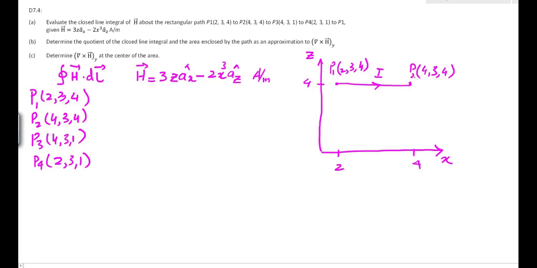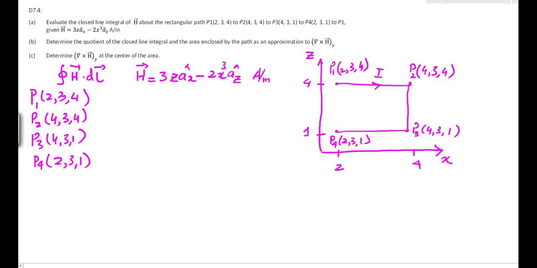Then from P2 we have P3, which is given to us as (4, 3, 1). So the x is 4 and the z is 1. Then we have point 4, which is (2, 3, 1).